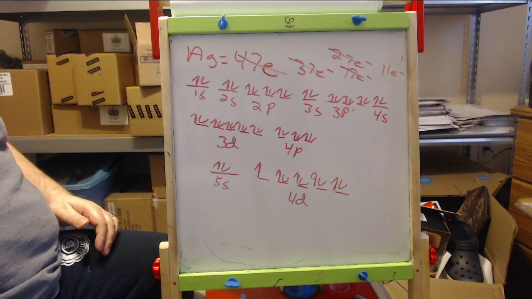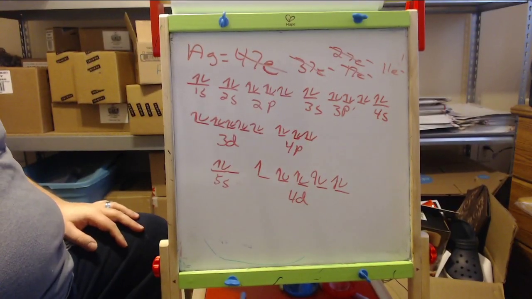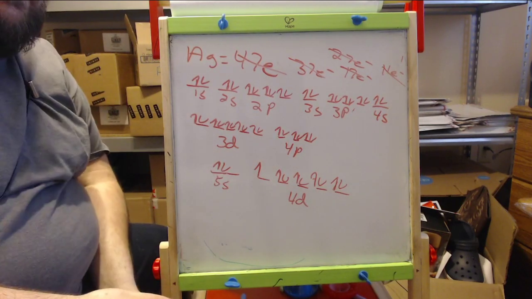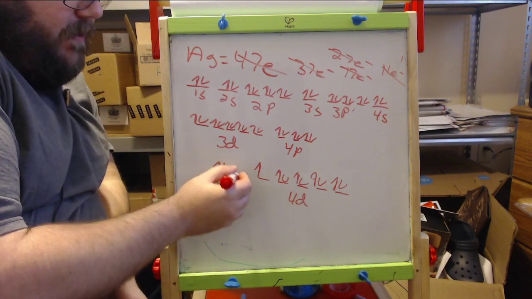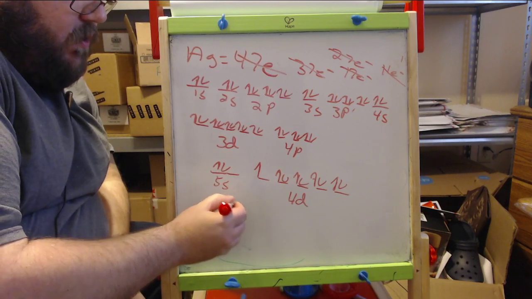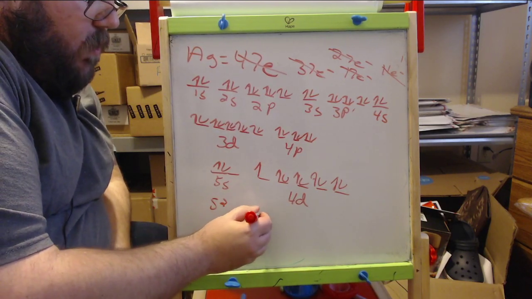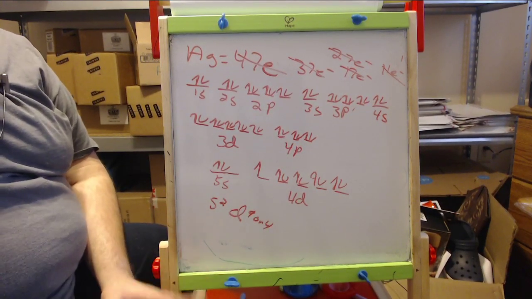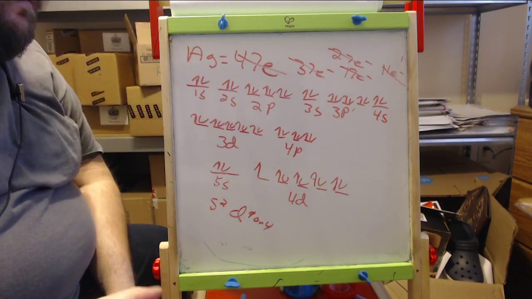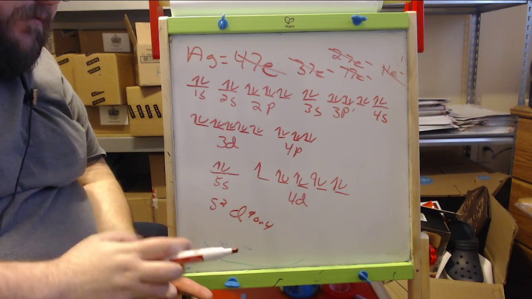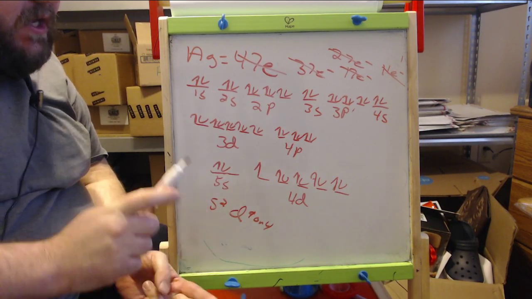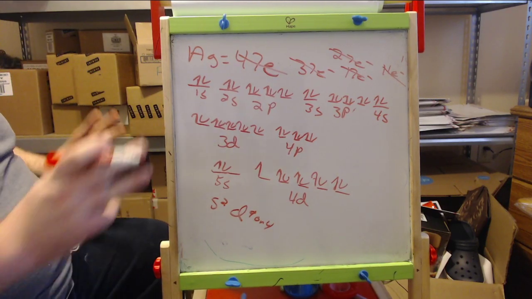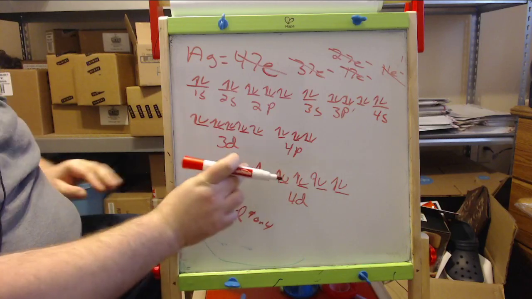And here's where the exception comes into play. If I fill my orbitals in the correct order, and I end up with an s2 and a d9 or a d4, where I'm one away from being completely filled or one away from being half filled, what will happen is this. What I always tell students: write it out like this, then look.